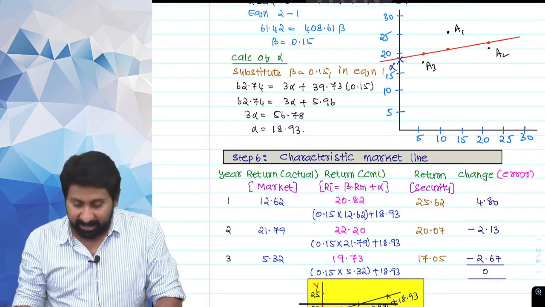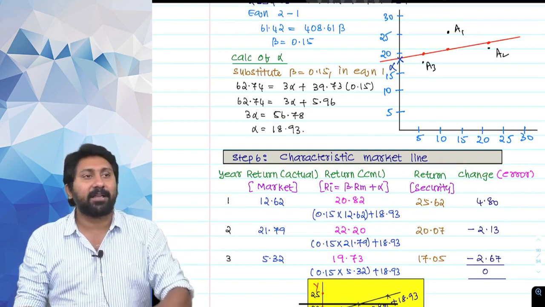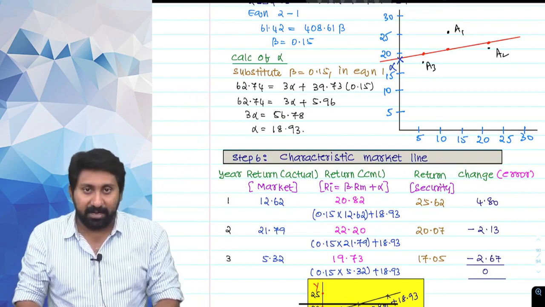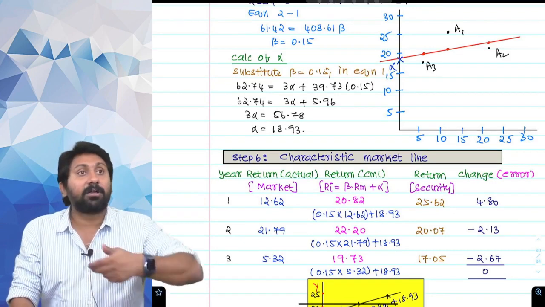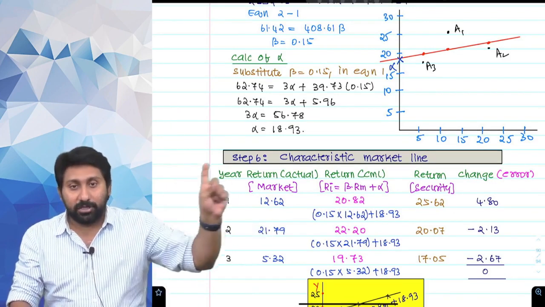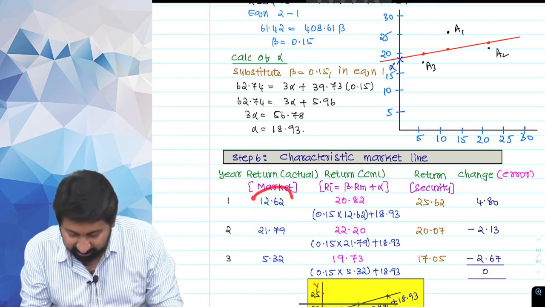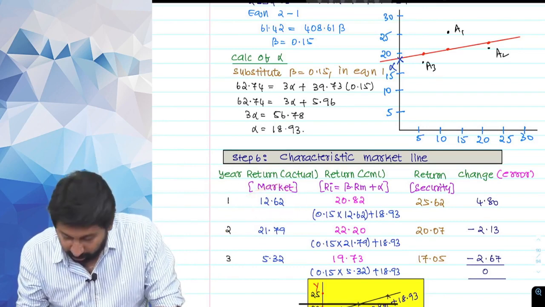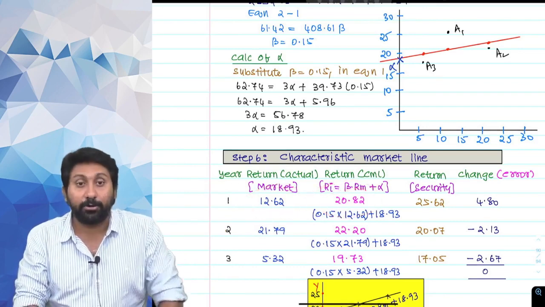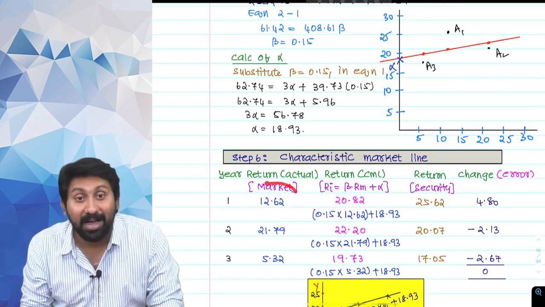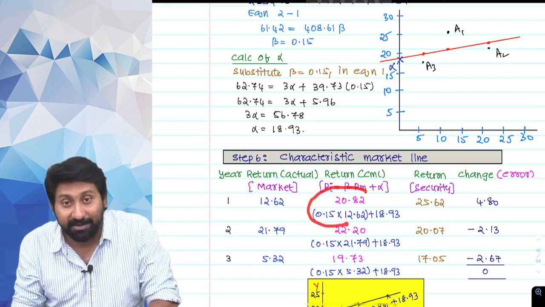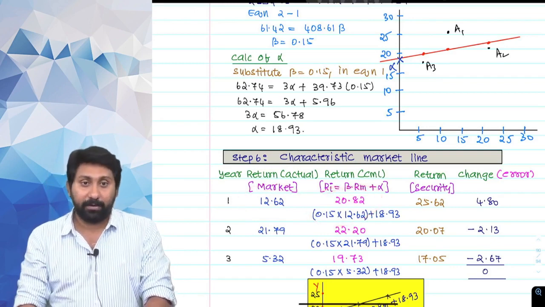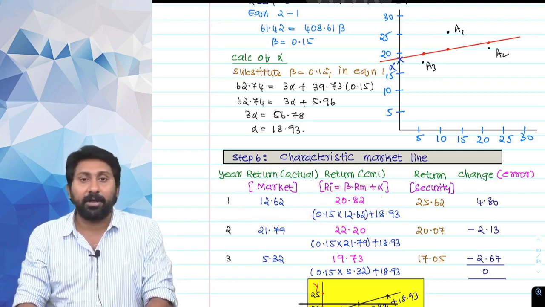Systematic return is what comes from the market. In the total return, because of the rise in the market, how much did you get? 20.82. Market is at how much? 12.62. Your return is how much? 20.82. Since the market is giving a return of 12.62, my security has given 20.82.